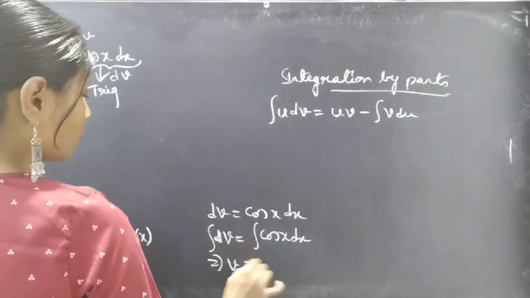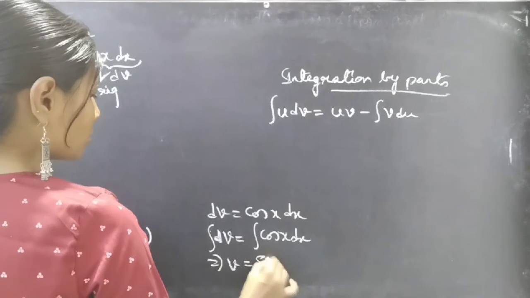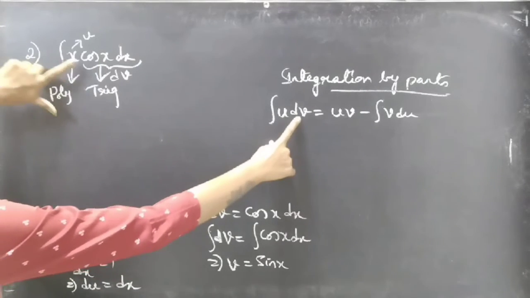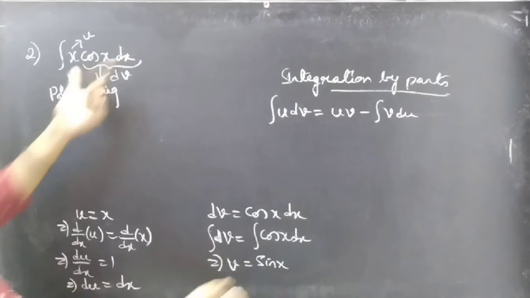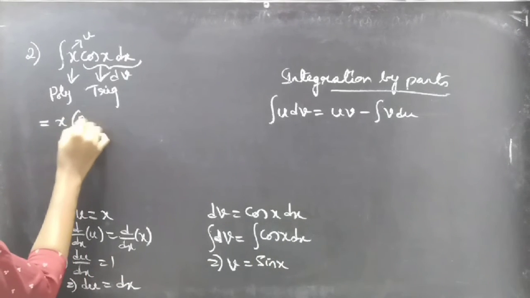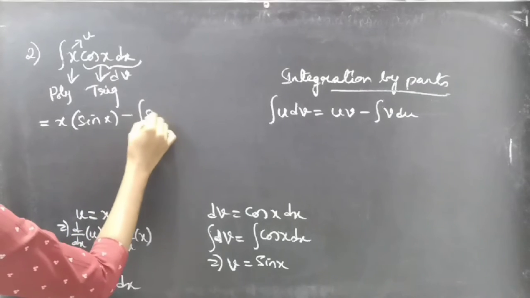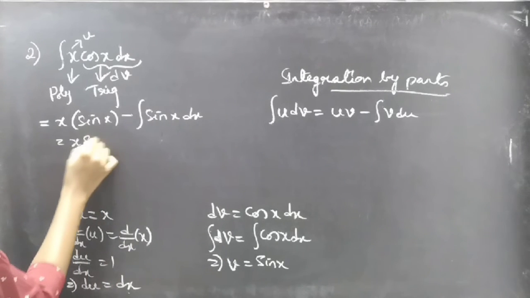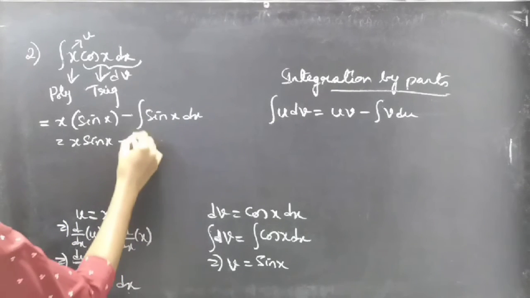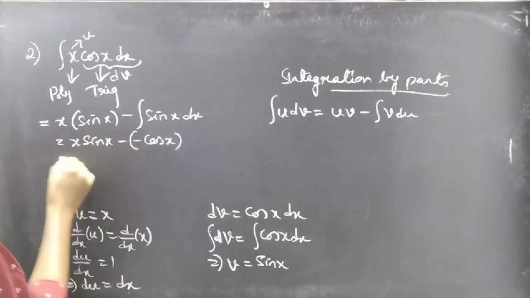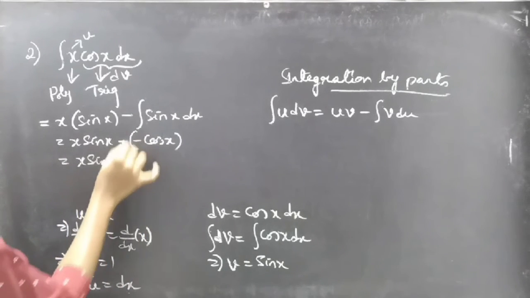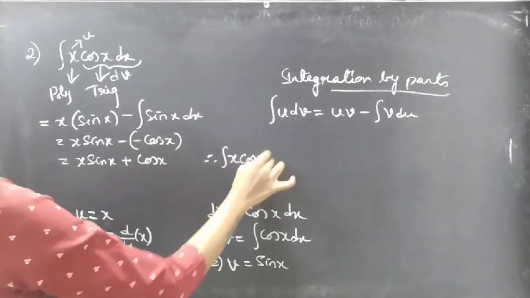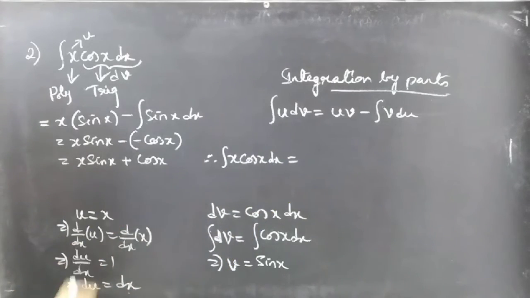This gives us v equal to integral cos x dx, which is sin x, right? Now apply the formula integral u dv, with u as x and dv as cos x dx, equal to uv, that is x into sin x, minus integral v into du, which is dx. This gives us x sin x minus integral sin x dx, which is minus cos x, which gives us x sin x minus into minus, plus cos x. Therefore, integral x cos x dx equal to x sin x plus cos x.